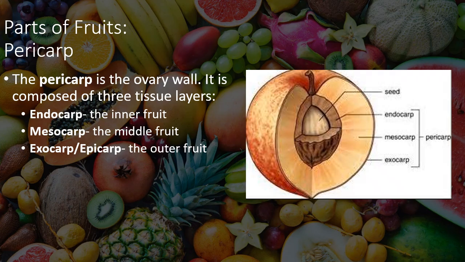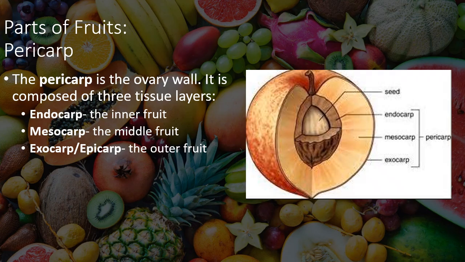The different layers of the ovary wall can develop in different ways in different species of plants. Some species of plants have a pericarp that is entirely fleshy. So the endocarp, the mesocarp, and the exocarp will all be fleshy. Sometimes all three layers will be woody, or maybe one layer will be leathery. So there's a lot of different ways that the development can occur, but we still have three layers always.